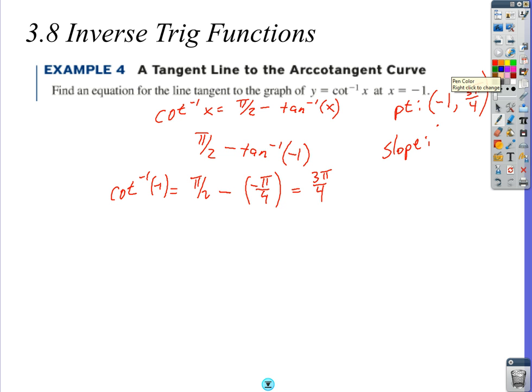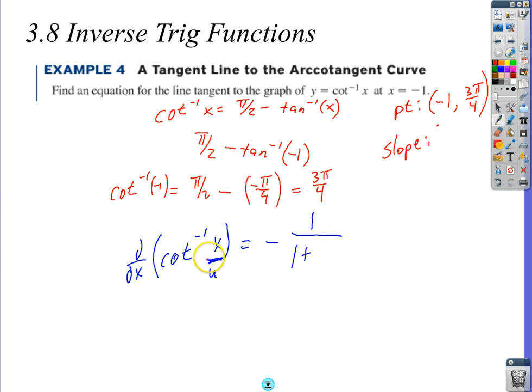So the derivative of cotangent inverse of x is equal to negative 1 over 1 plus u squared. Again, there's my u. So u squared in that case is going to be x squared, times the derivative of x, which is just 1.